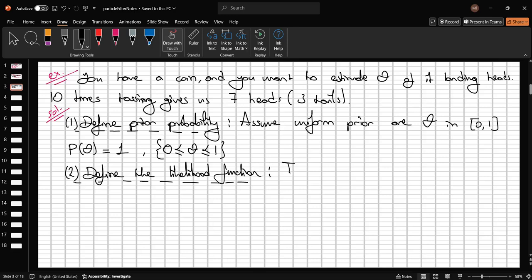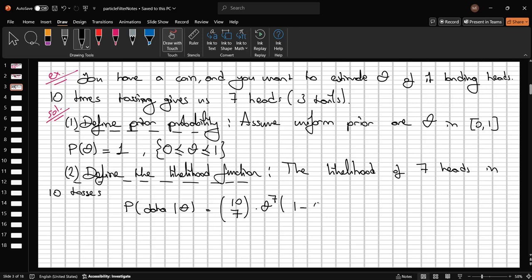So the likelihood of 7 heads in 10 tosses can be given by P(data|theta) equals 10 choose 7, this is a combinatorial value, times theta to the power 7, times (1 minus theta) to the power 3.